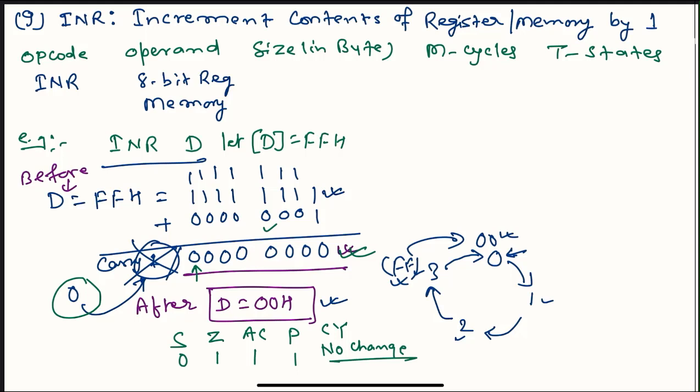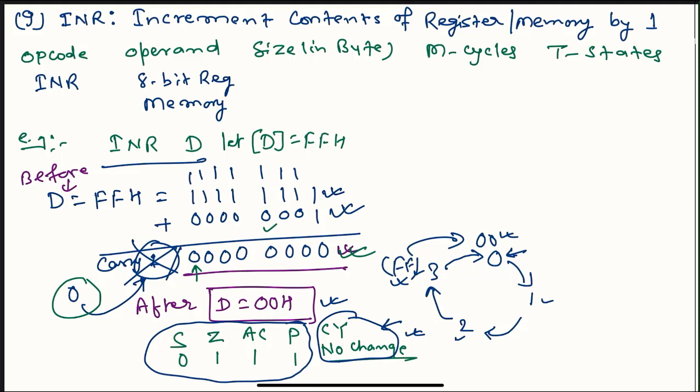That is the reason only 4 flags are changing or modifying to reflect the result, and for the carry, it should not make any change. This addition operation should not make any change over the carry flag, because this is working in a cyclic way.